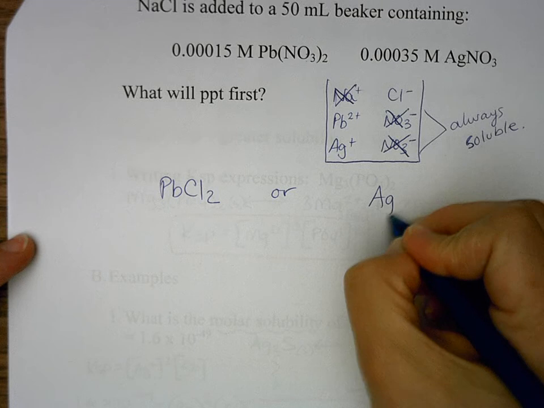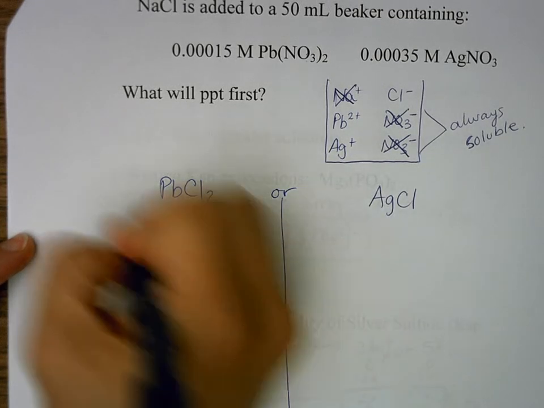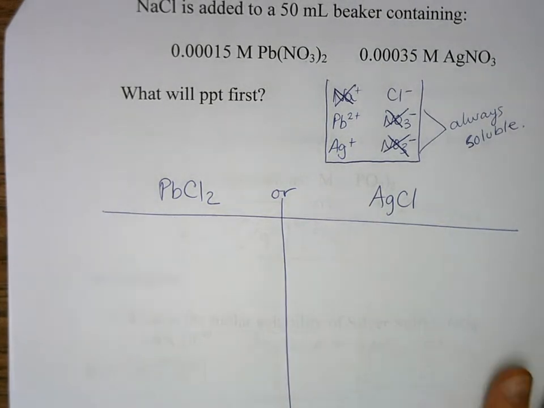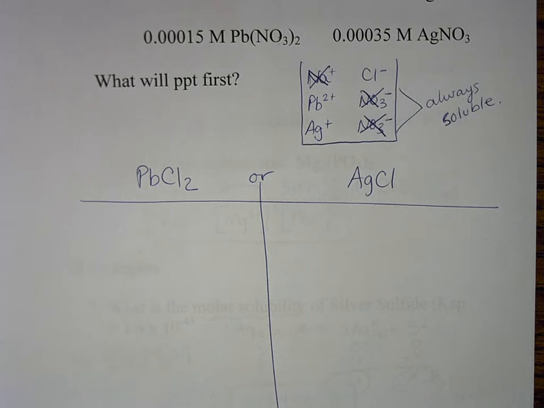And so the question is, which one is going to precipitate first and which one do I end up with? Because I have ions in there to give me 2 different precipitates, so which one is actually going to happen? So it's kind of like 2 problems. For me, it's helpful just to set it up and do the same process with each one separately, and then figure it out at the end.